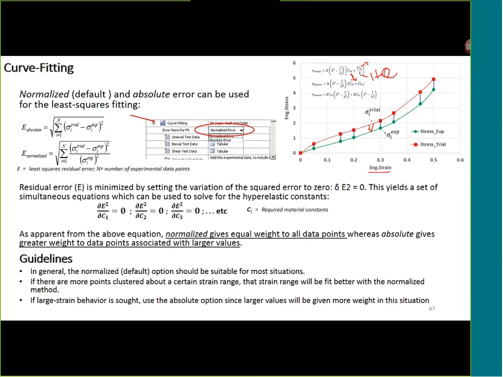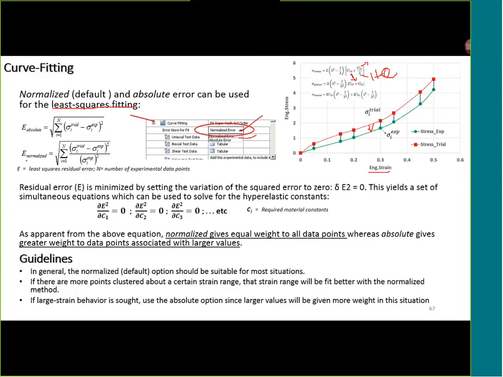While minimizing the error, we use the least square fitting procedure. This is again a very standard numerical method. While doing this, we have two approaches: one is using the absolute error, and the other is the normalized error.